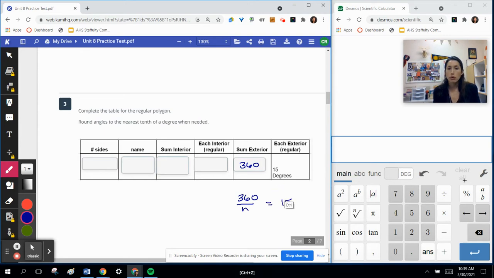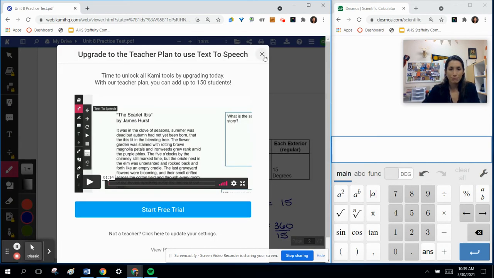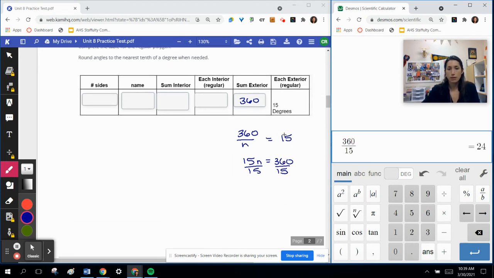If we did a cross product, it'd be 15n equals 360. So essentially, we need to divide both sides by 15. So 360 divided by 15 is going to be the number of sides we have. In this case, our n is going to be 24.